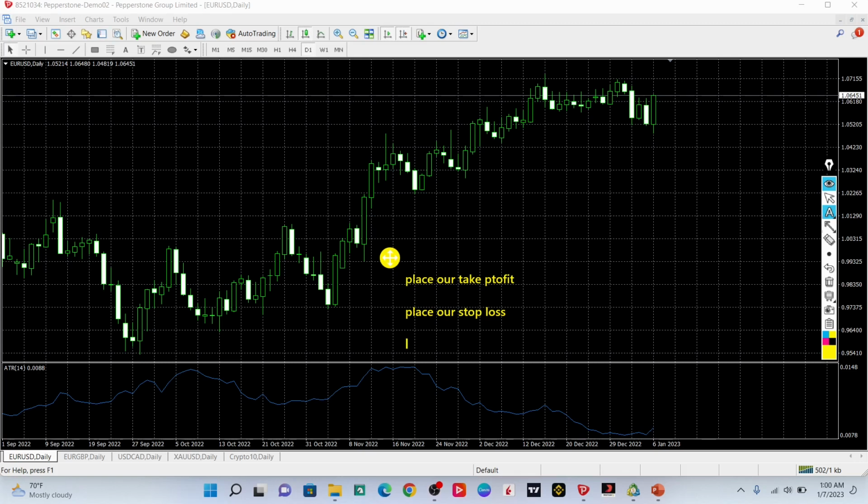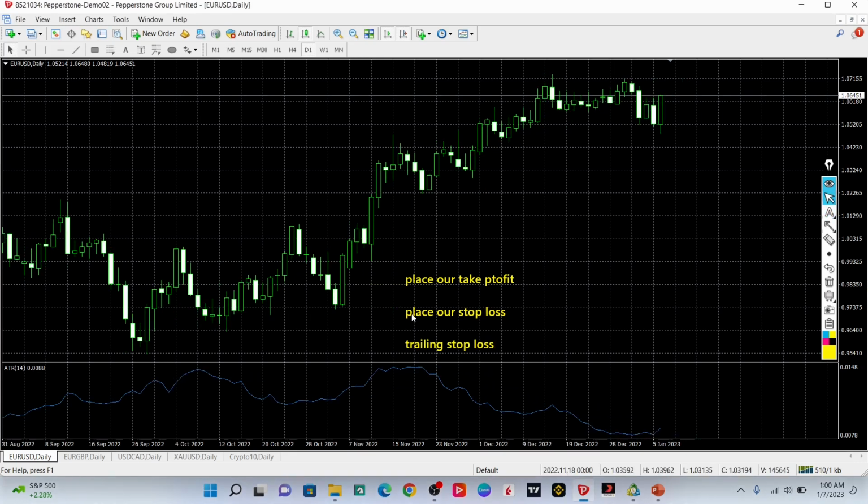Then we shall also look at the trailing stop loss. So we are going to be looking at how to use the ATR for these three: how to place our take profits, our stop losses, and then our trailing stop losses. Okay. So we shall start with the stop loss.